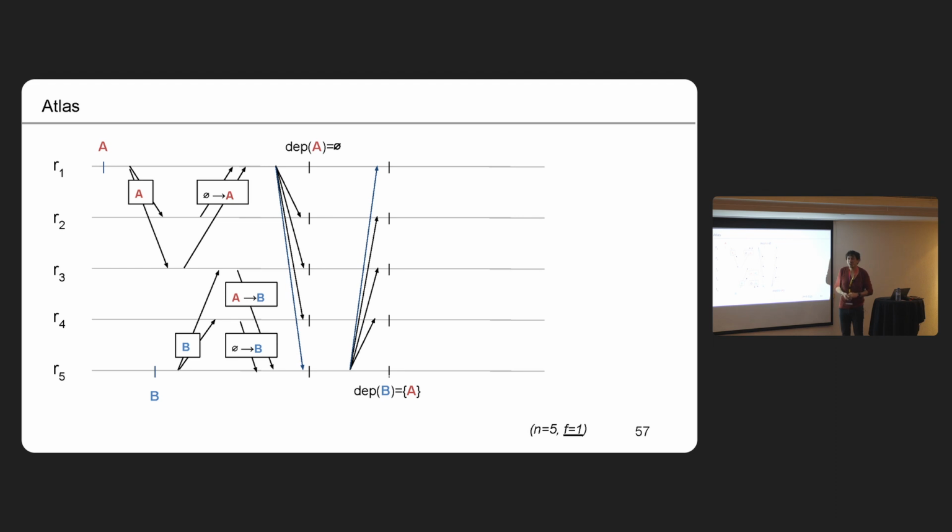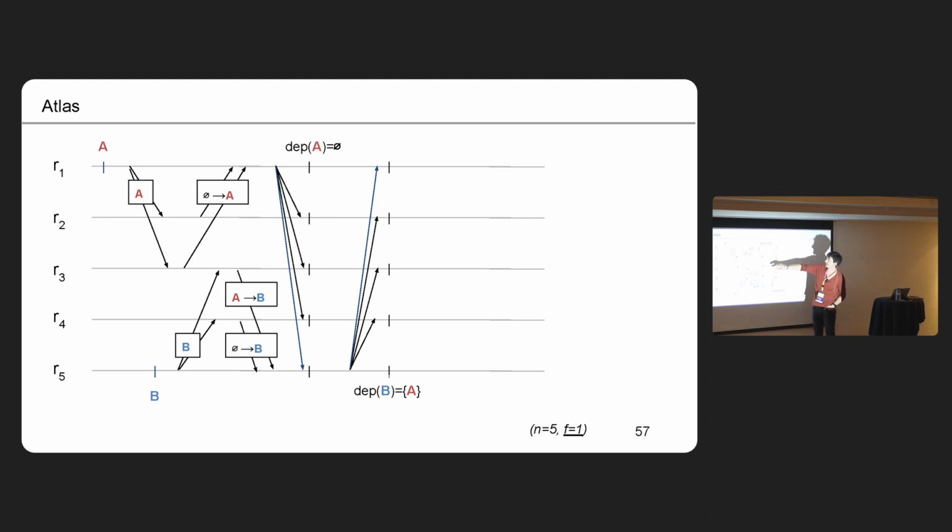Yes? Like in this example, what's the total order of A? A is before B. But what if we slightly change the example so that A sees B and B sees A, they see each other? How can we tell these two situations? You mean there is a cycle then?